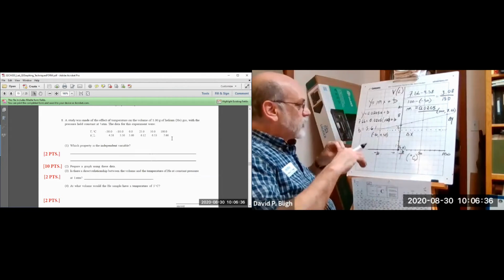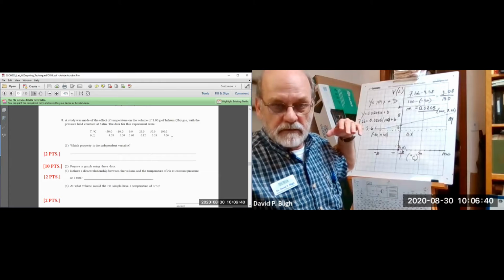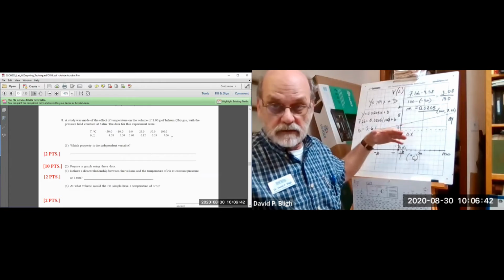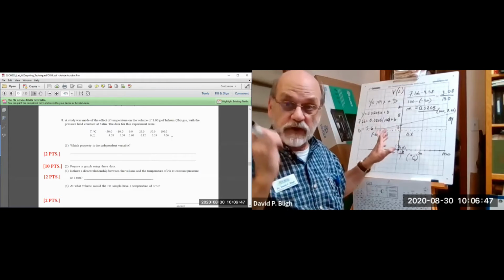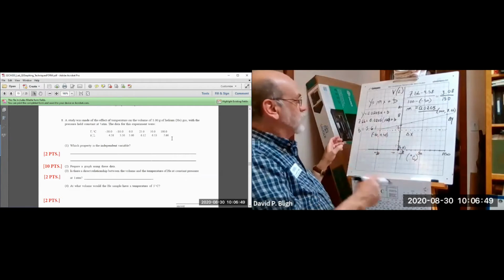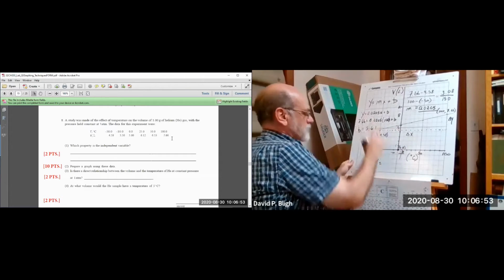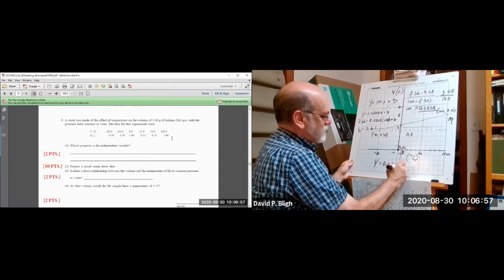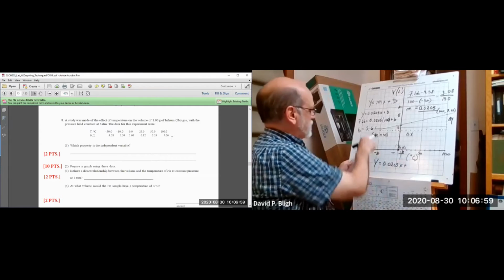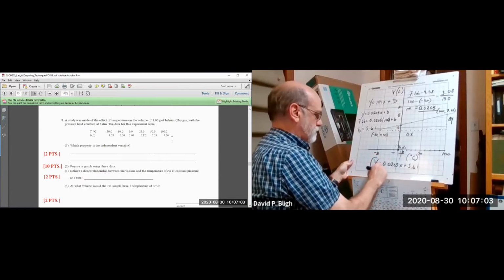All right. So what formula, what equation represents the line the way we've constructed it? We would write y equals 0.0205 x plus 5.61.